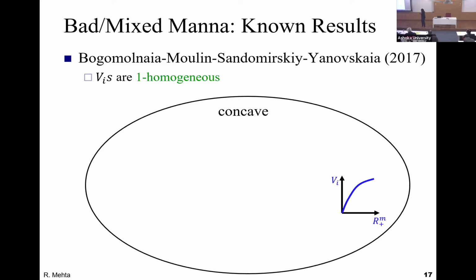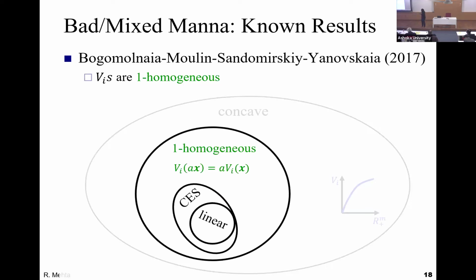This is a class of valuation functions which are a subset of concave. The property it satisfies is that if you have an allocation and you multiply that allocation by a scalar A, then your value gets multiplied by the same scalar. That's called one homogeneous valuation.